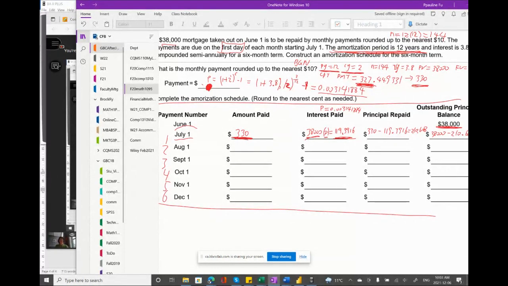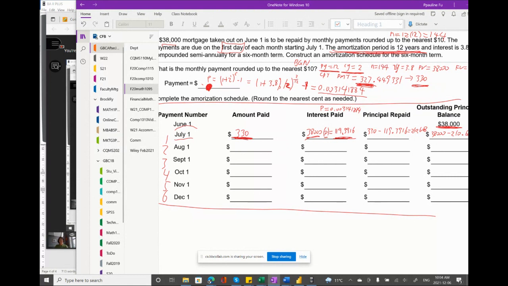Any questions for calculating interest paid?